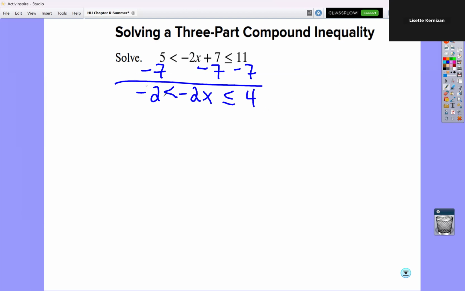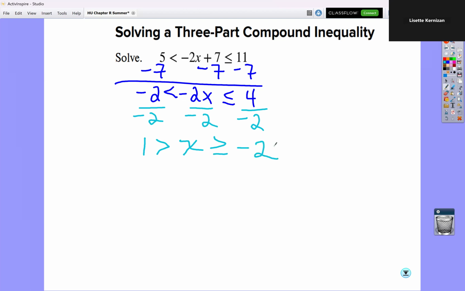Then if you were to cover this part over here, you would have -2x less than or equal to 4. So you're going to divide just like you would a regular equation. And as you can see, we are dividing by a negative, so all the signs are going to change. -2 divided by -2 is +1. Flip the sign. x, flip the sign, -2.